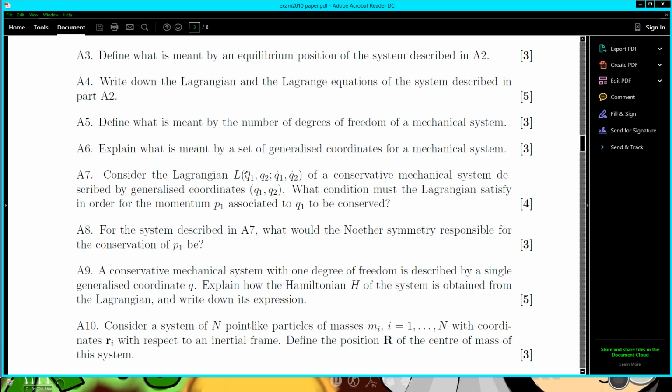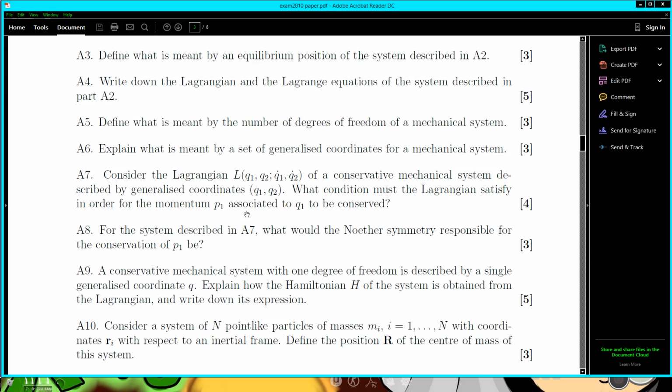Consider a Lagrangian L with these two generic coordinates, Q1, Q2, and of course their velocity components, of a conservative mechanical system described by generalized coordinates Q1 and Q2. What condition must the Lagrangian satisfy in order for the momentum associated to Q1 to be conserved?